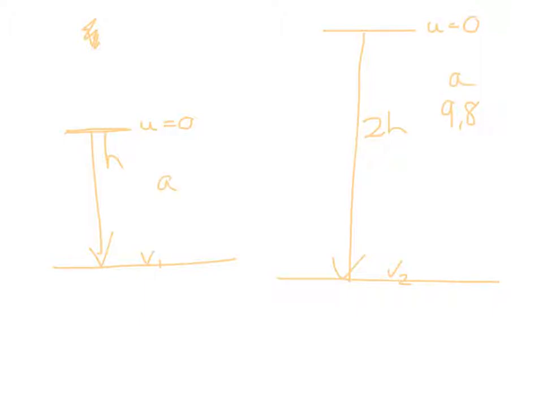So let's see what happens. My first, v1 squared, is equal to u squared, which is 0, so we can make it disappear, plus 2ah. Now the second velocity, v2 squared, is equal to 2a, and don't forget that has to be squared.